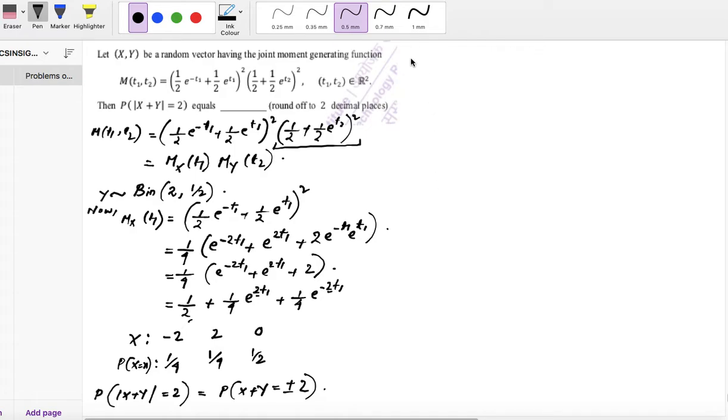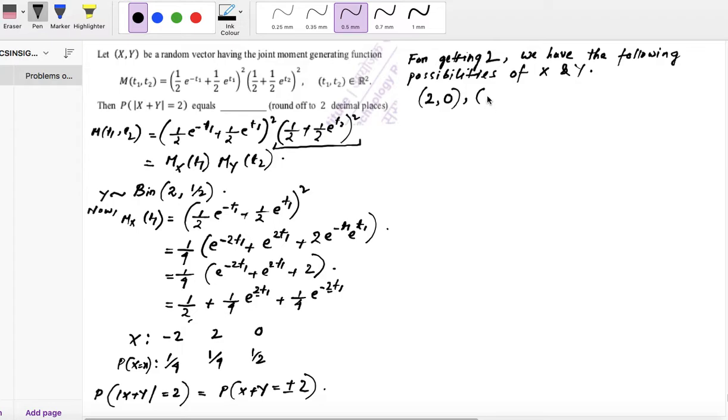For getting 2, we have the following possibilities of X and Y. We can have X as 2, Y as 0, and we can have X as 0, Y as 2. No other possibilities can be derived.